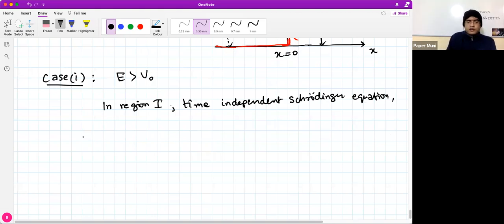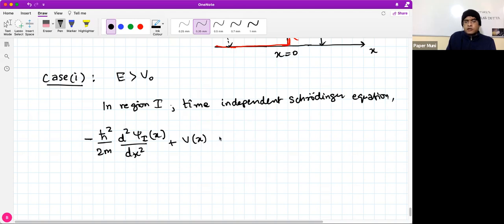If we write this down in this region: minus h cut square by 2m, d squared psi 1(x) by dx square, plus V(x) psi 1(x) is equal to E psi 1(x).